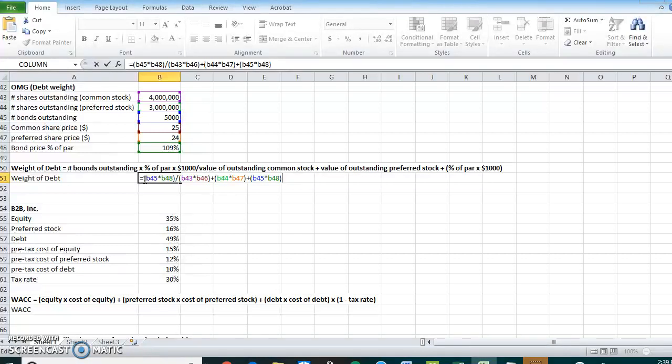Close our parentheses, and just like before, we want it to give us this denominator as one number. So we need double parentheses. And now we can hit enter.